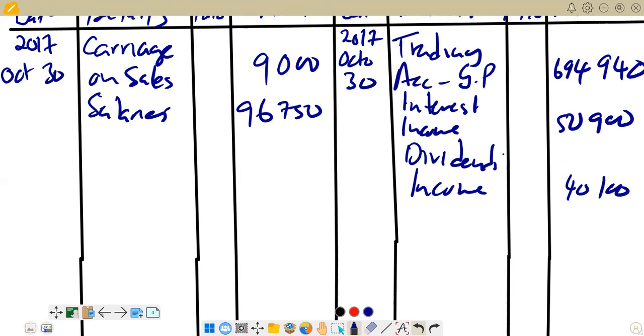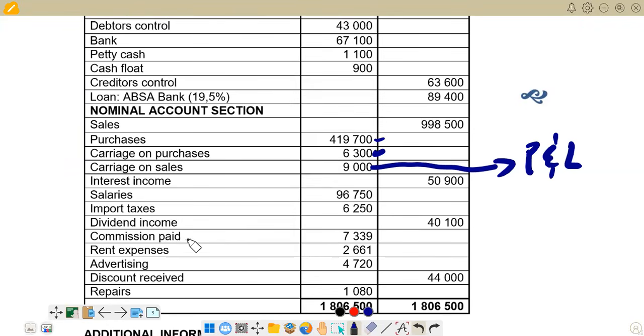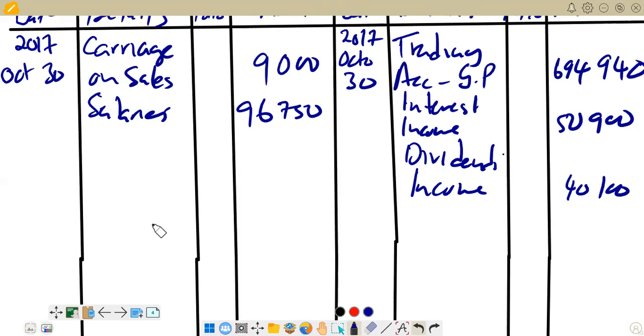Right. We also go back, see what's next. We now have commission paid 7,339. And also you've got rent expense 2,761. They are both expenses. They go to the debit side. So here we are saying commission paid. The amount that we are having for commission paid is 7,339.